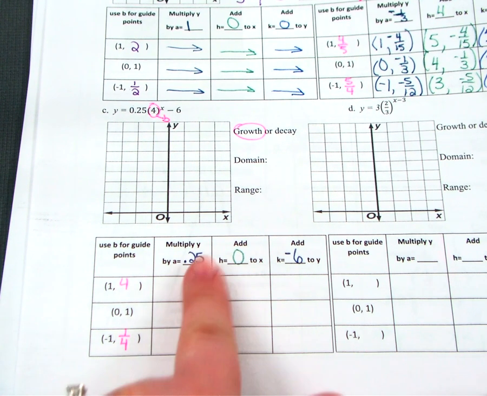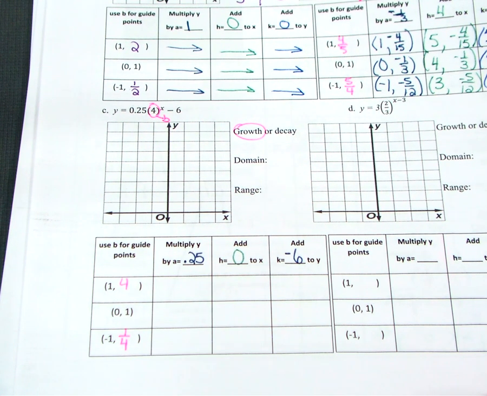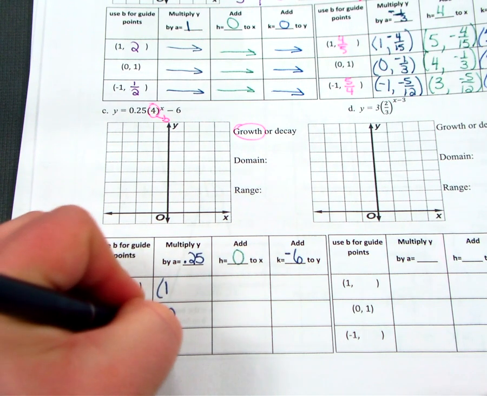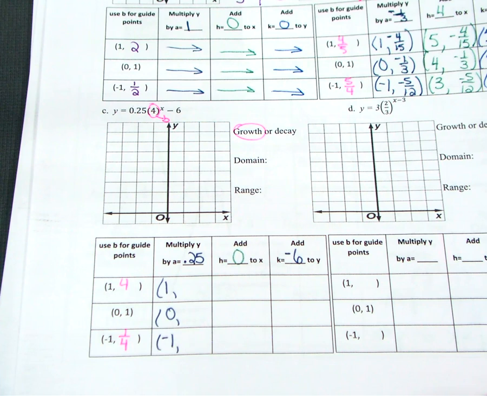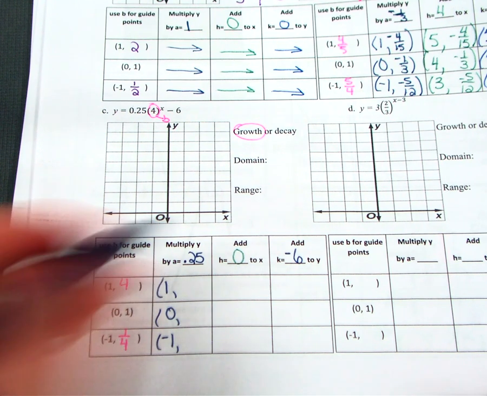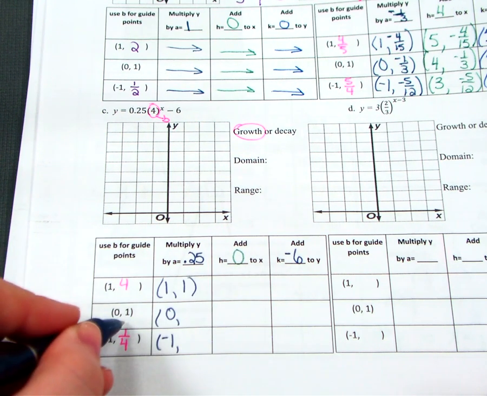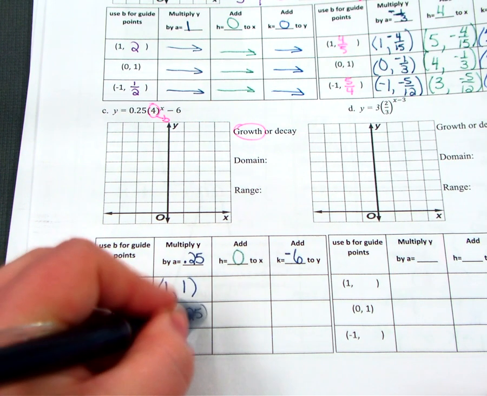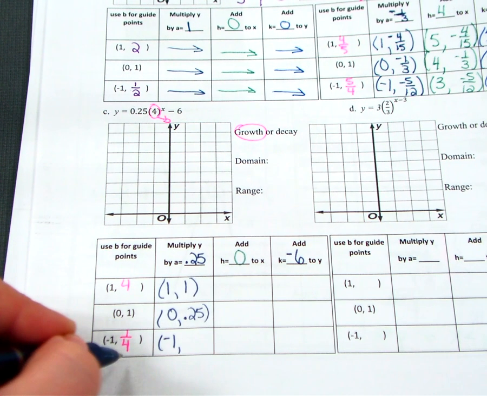Your first step is always to multiply the y value by 0.25. So that means that all of my x values are staying the same. So I have 0.25 times 4 is 1. 1 times 0.25 is 0.25.